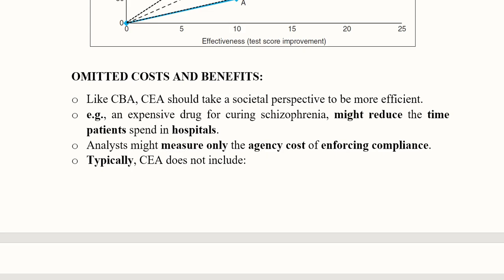Definitely this expensive drug will help them, and if they feel better, they will be visiting the hospital less, and the expenditure on visiting hospital and doing all those things will be reduced.